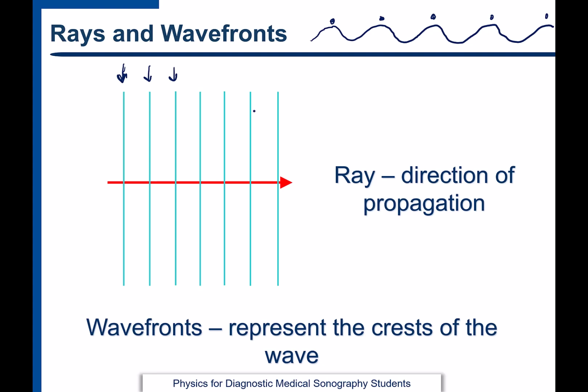So in other words, the distance between any two adjacent wave fronts is just the wavelength of the wave. Again, because we know that light is a transverse wave, it makes sense that our wave fronts are perpendicular to the direction that the wave is actually moving.